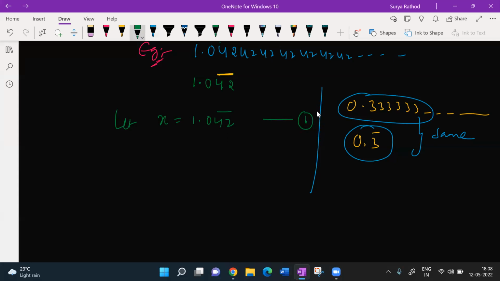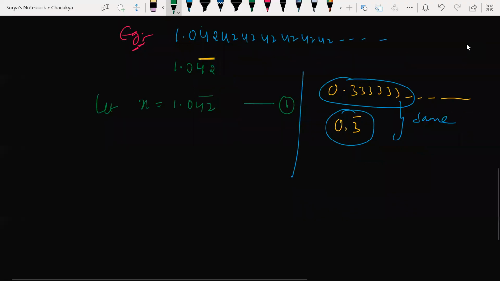Look at this here. So 4-2 bar we have. Why are we keeping a bar on 4-2? Because 4-2 is repeating, it is recurring. Now we will be multiplying this first equation by 100. Why 100? Because only 2 digits are repeating again and again.